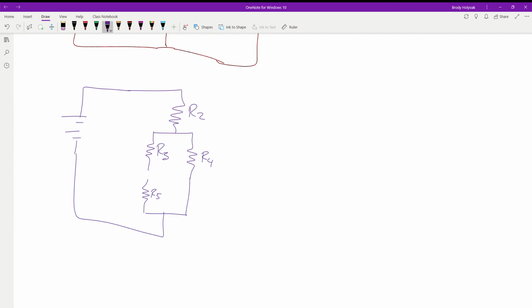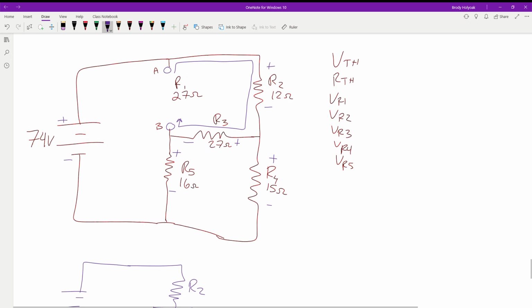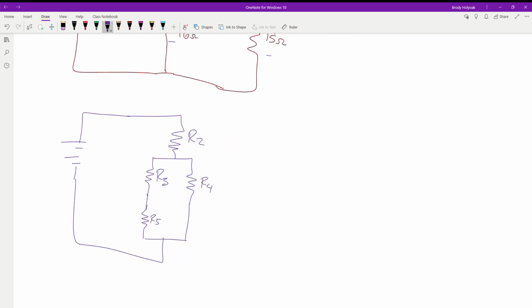And what's R3 connected to? R5 and point B. So if we have positive to negative, positive to negative, positive to negative, what does that give us for R3? Positive, negative, top to bottom.